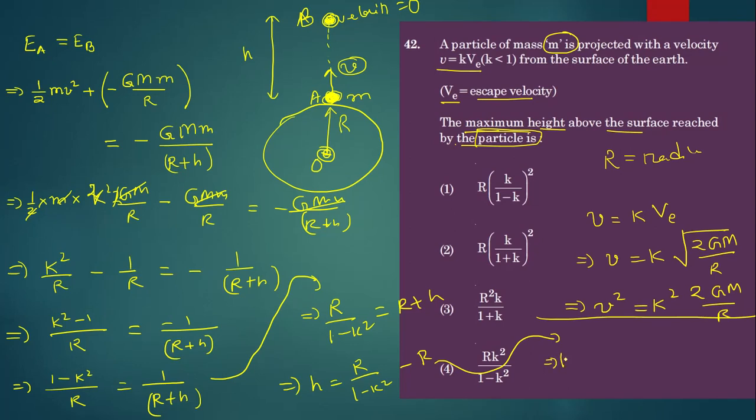So this will be equal to H 1 minus k square R minus R plus k square multiplied by R. So this R will be cancelled. So answer will be option number 4. Let's move on.